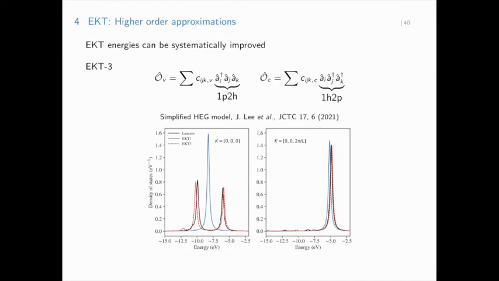Okay, so the equation that you showed at the beginning will be modified? When you consider the EKT3, you obtain the quasi-particle and satellites as output, which means that you don't have to do the EKT1, the first order, again. You forget about the EKT1 and pass directly to the EKT3, which gives the quasi-particle and satellites.